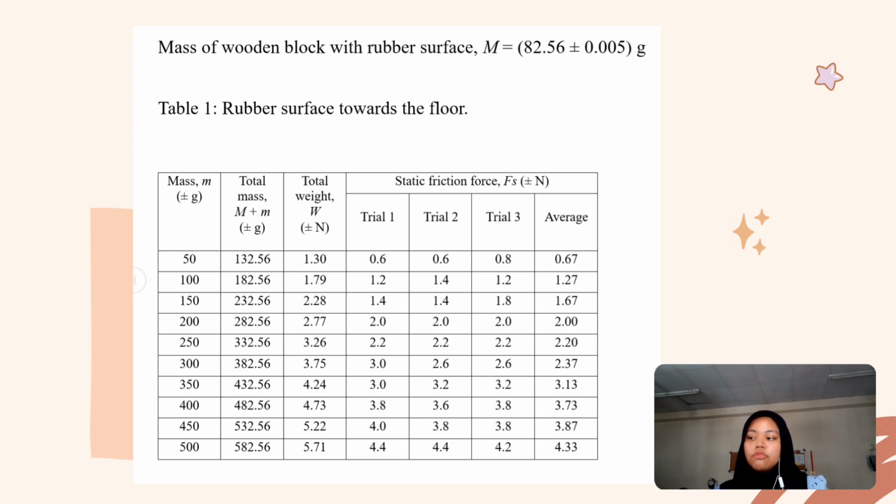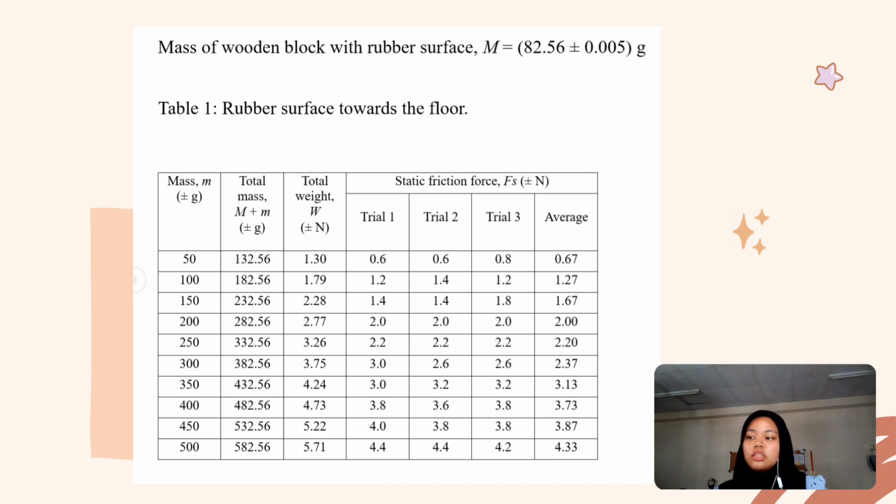Next column, we have total weight, which is W. We calculate the weight by dividing the total mass by 1000 and multiplying by 9.81 to get the total weight. Next, we have static friction force, which is Fs.